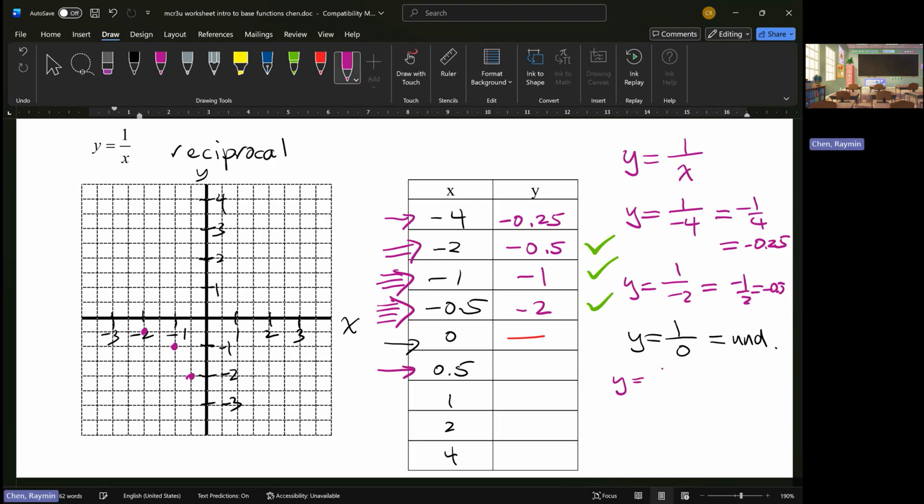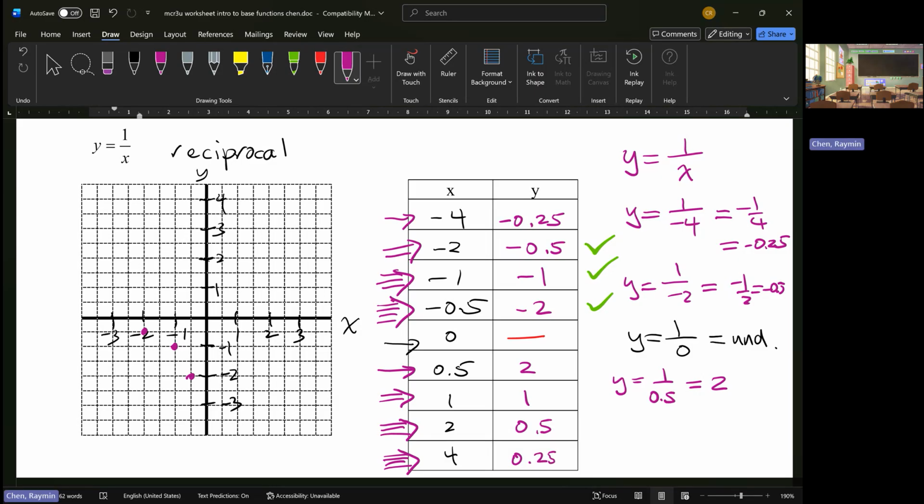So y equals 1 over 0.5. And if you want to pause the video, hopefully you're going to see a neat pattern. But what do we get? We get 2. Plug in this one now. We get 1. Plug in this, we get 0.5. Plug in this, we get 0.25.